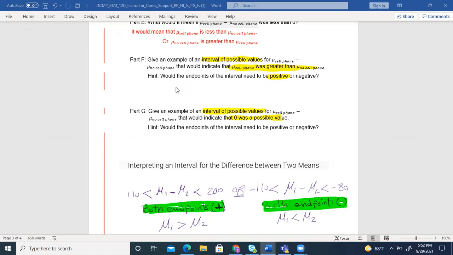Again, this will happen if both ends are positive. So I can set any two ends, and the most important thing is mu for the cell phone minus mu for no cell phone.